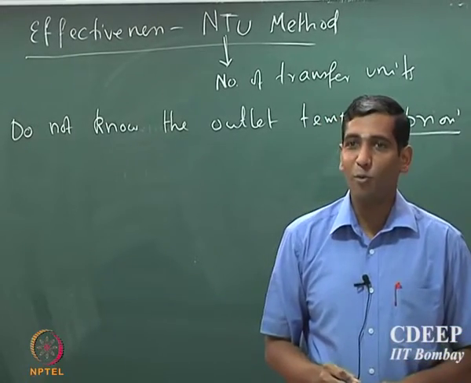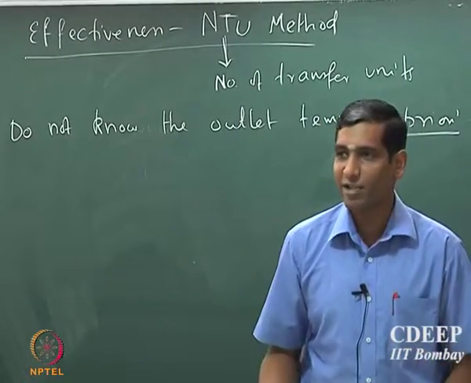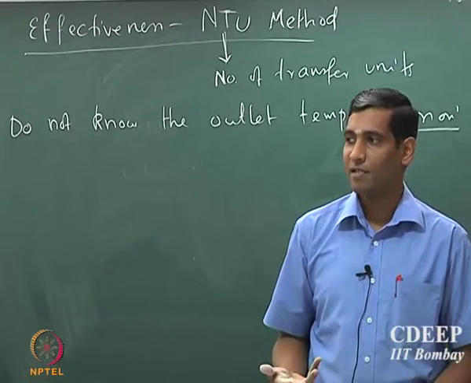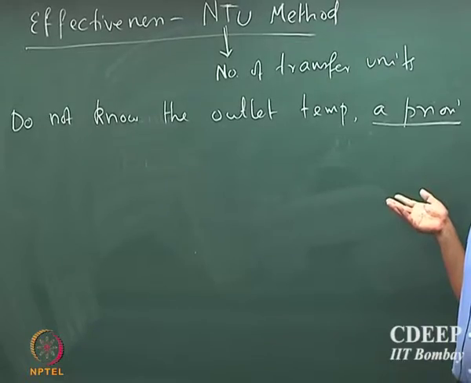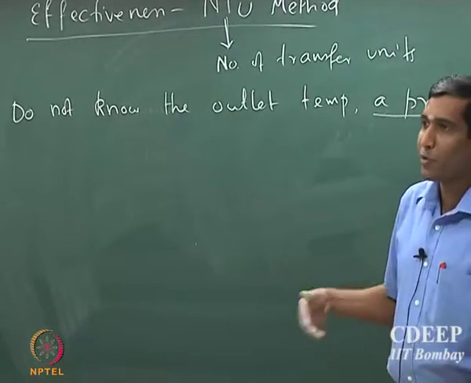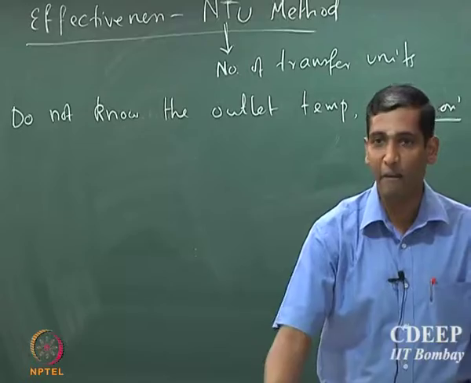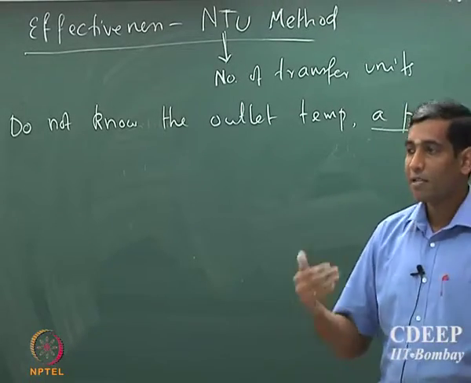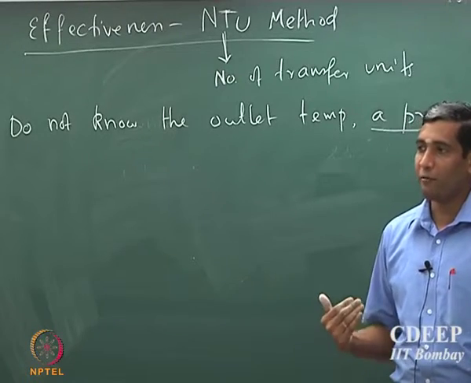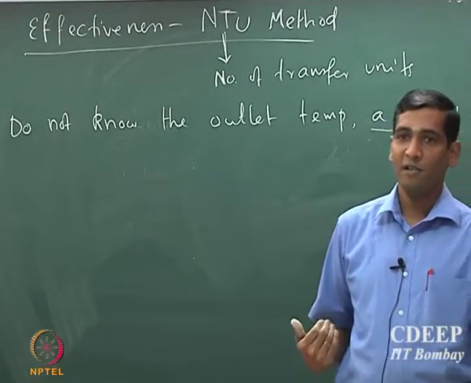So remember that once you have fabricated a shell and tube heat exchanger, there is no point in working out the design after that. So you are interested to work out the design before you fabricate the heat exchanger. That's one possibility. The second possibility is, suppose I want to modify my process.